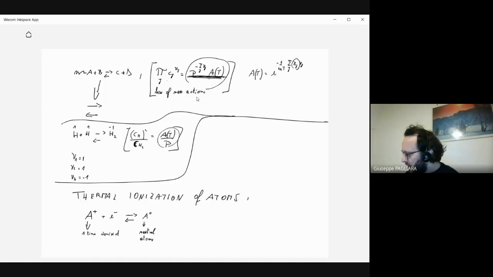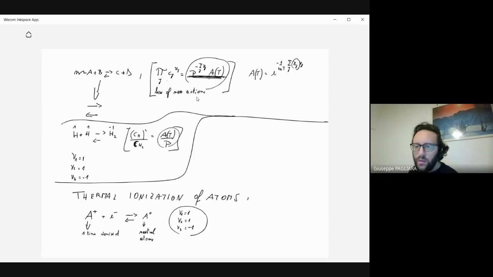Okay, so this is the ion A plus, this is electrons, and this is the neutral atom. And now let's indicate with nu1 equal to 1 the stoichiometric coefficient, nu2 equal to 1, and nu3 equal to minus 1.